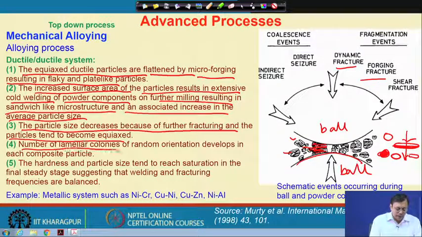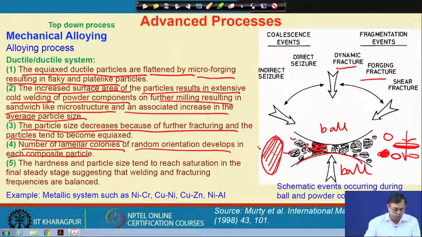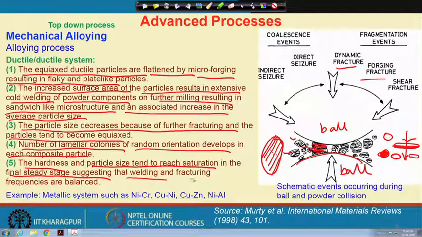Now, a number of lamellar colonies of random orientation develop inside each of these composite particles. So, if there are two different components, I may get such a lamellar structure inside a particle, where I have two different chemistries, or compositions, and the hardness and the particle size tend to reach a saturation at the final stage, suggesting that the welding and fracturing frequencies need to be balanced.